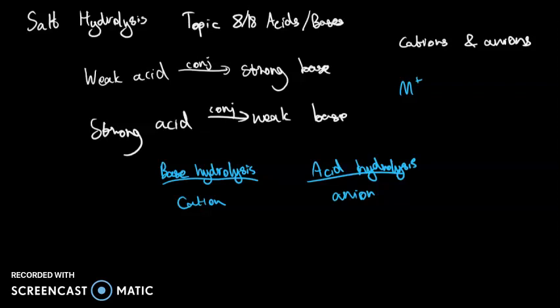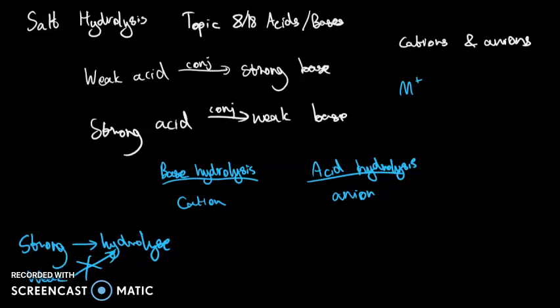However, the next component we need to look at is the strength of an acid or a base. Based on the strength of an acid or base, we can determine the extent to which one of these substances can hydrolyze. So if something is strong, it will hydrolyze. If something is weak, it won't hydrolyze. Okay?